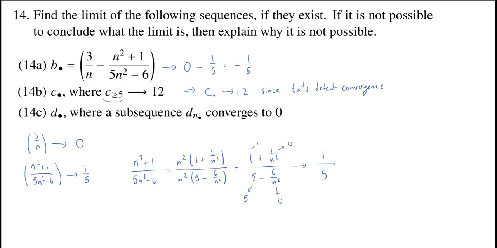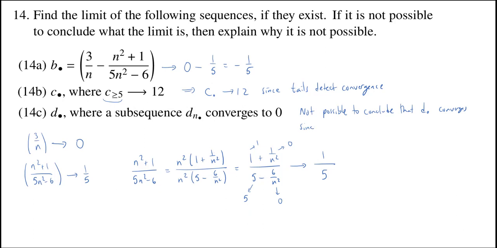So if D converges to anything, it would have to be 0. But it doesn't have to converge to anything. So this one we claim we don't know. It's not possible to conclude that D converges.